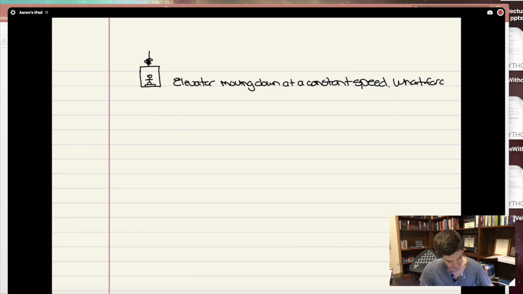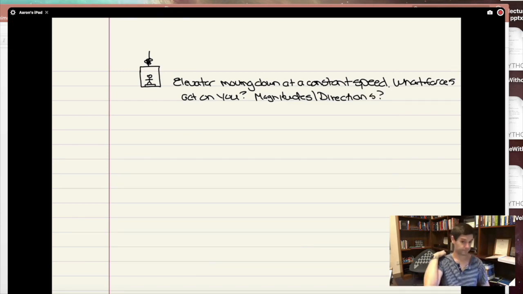What forces act on you? And then what are their magnitudes and directions? So I suppose it's moving downward at some constant speed. I'll put a little 0 to mean it's constant.